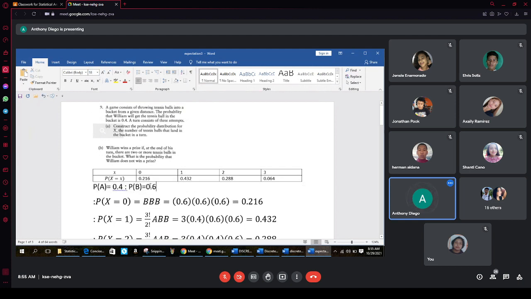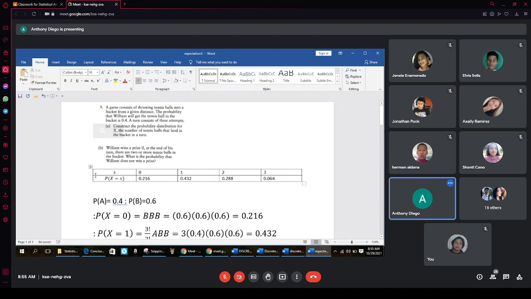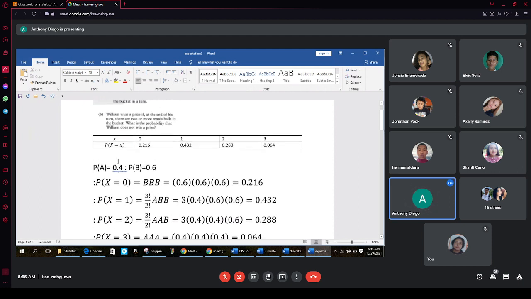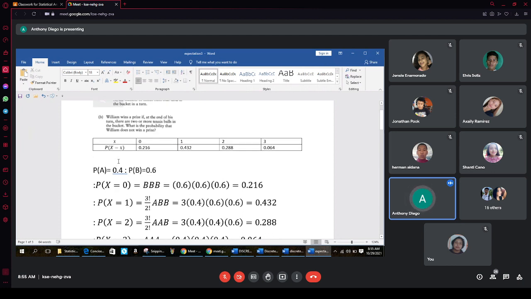So we have the probability, I call it A, whereby the person is successful, and the probability of B, the person not being successful.